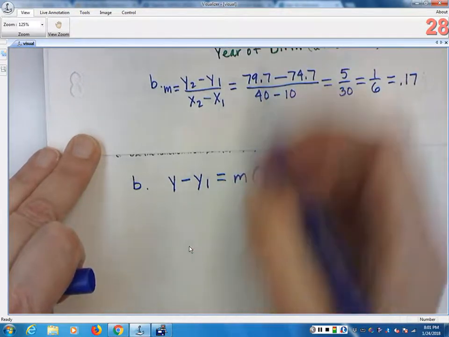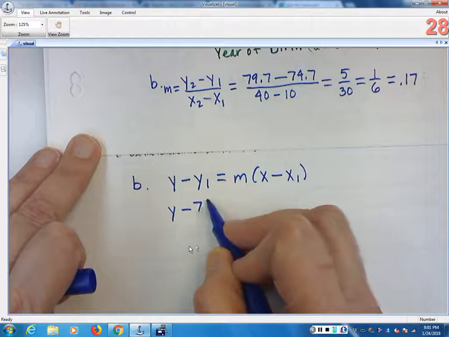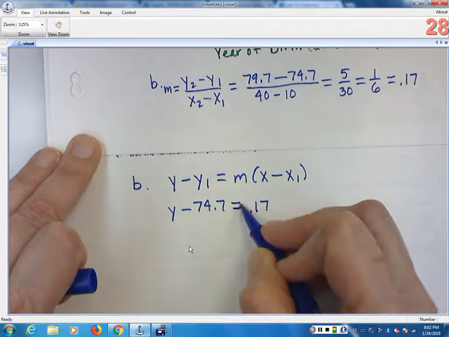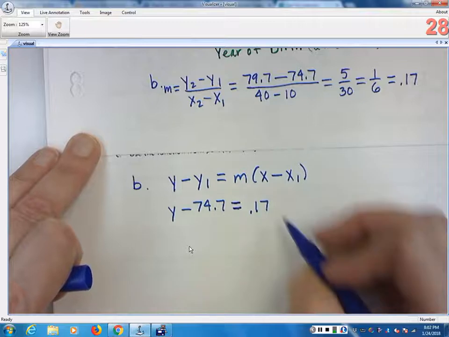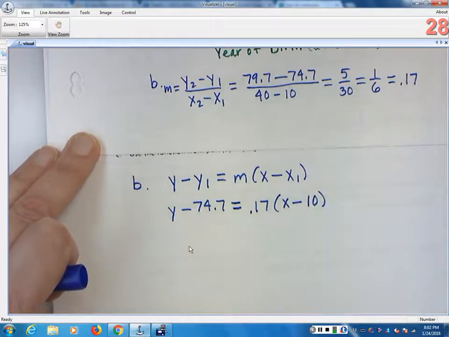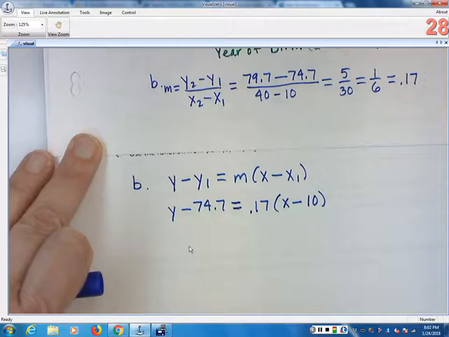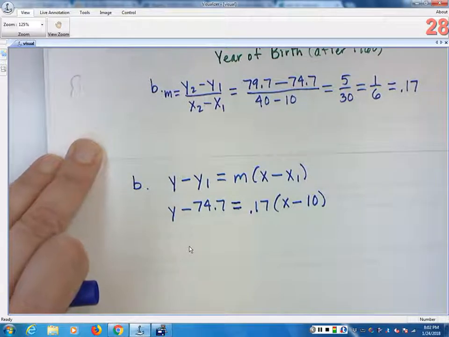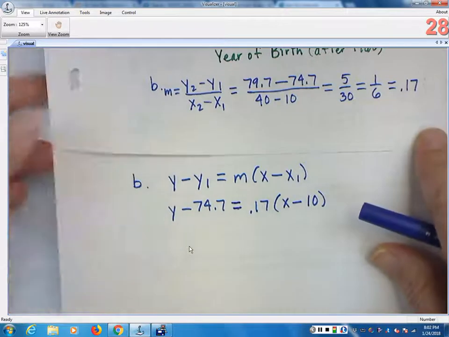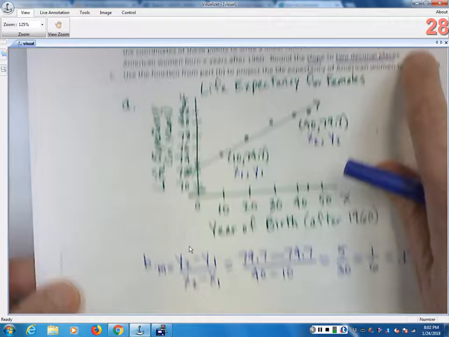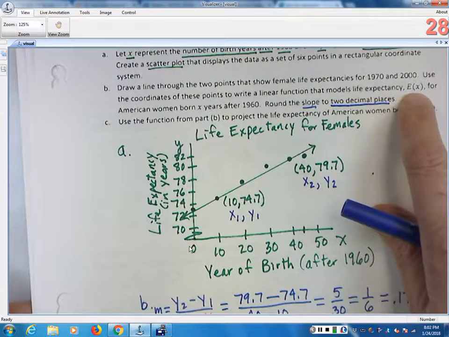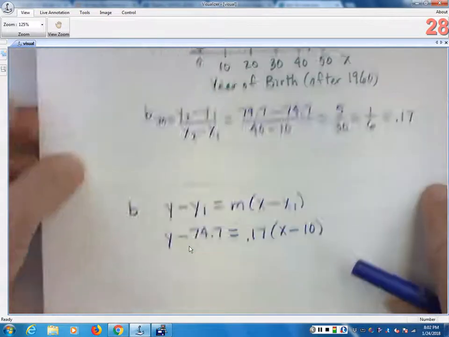So y minus 74.7 equals 0.17, because they said to round the slope to 2 decimal places, times x minus 10. And they want you to solve it for y, so you can write it in function notation, in terms of E of x for life expectancy. In function notation, we're going to use E of x instead of y at the end. So we have to solve it for y.